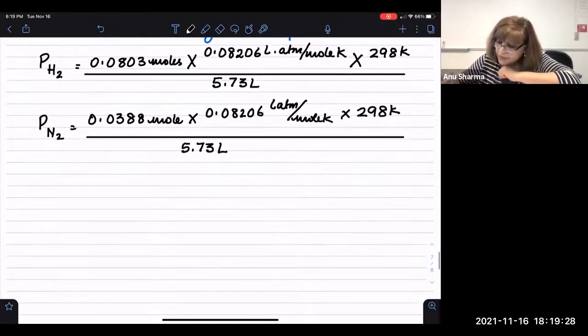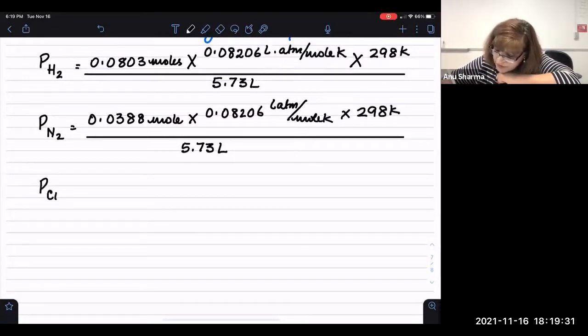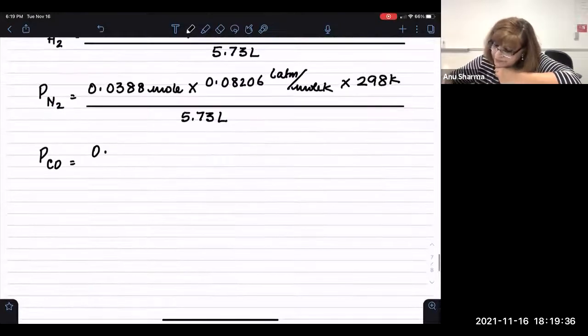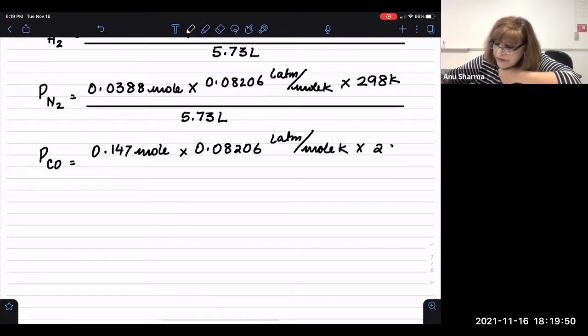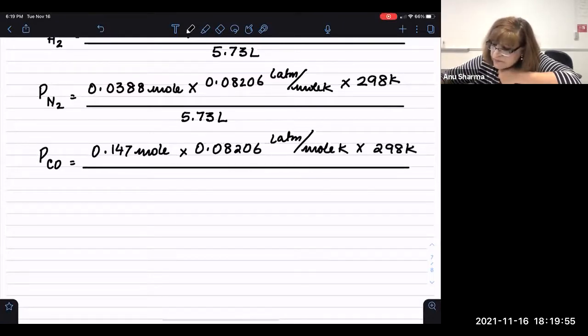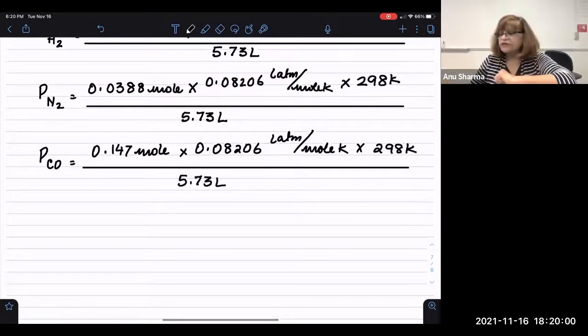And then the partial pressure of carbon monoxide: 0.147 moles times 0.08206 liters atmosphere per mole K times 298 K over 5.73 liters. All right, so get these values.